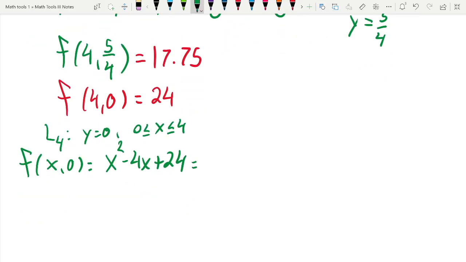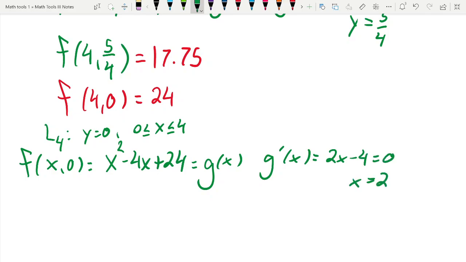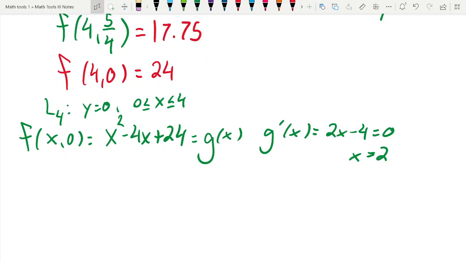So call this g of x. Then g prime of x is equal to 2x minus 4, equals 0. So x is equal to 2. So that's our last point to check there.